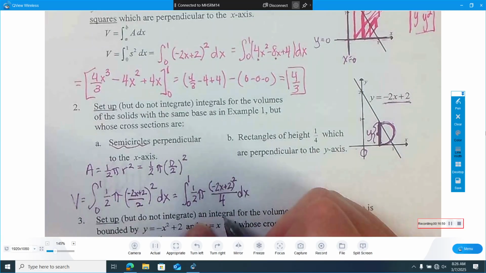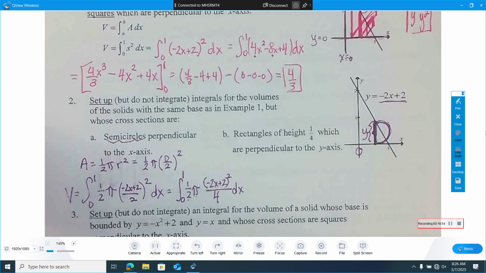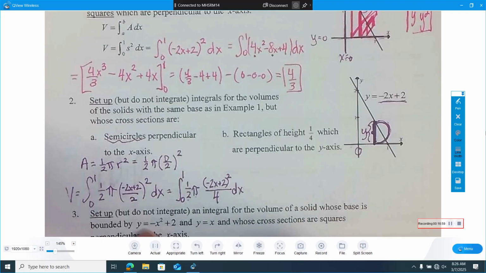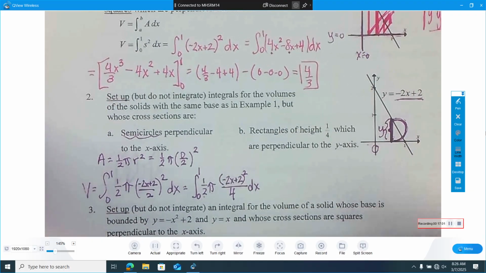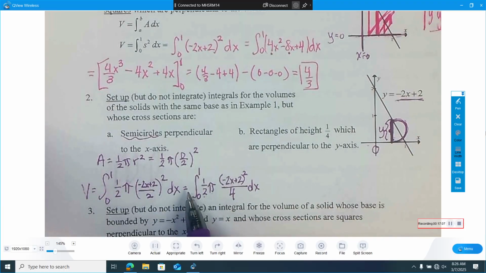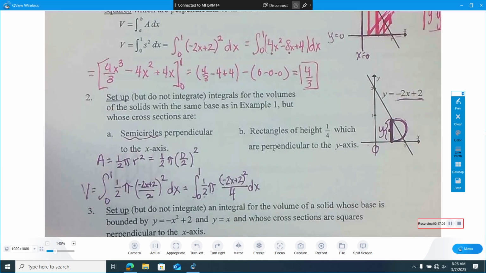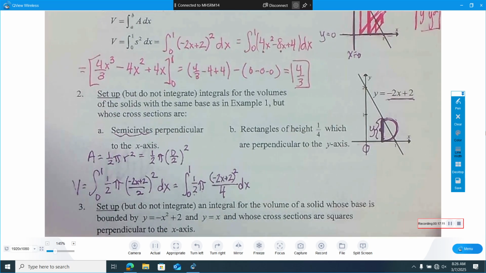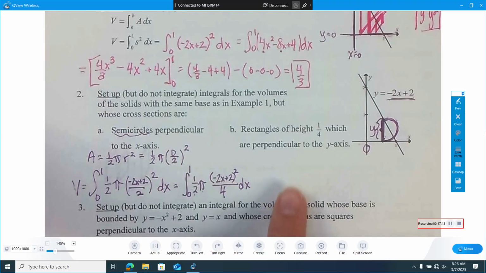We could also do one more thing. All of these, the 1/2 and the pi and the 4, are just scalar multiples, so we could pull all of those out in front if we wanted to. I'm not going to do that, but I could pull out 1/8 pi in front. You don't have to do that, but it's something we're going to talk about because it makes life easier if you do have to do it.